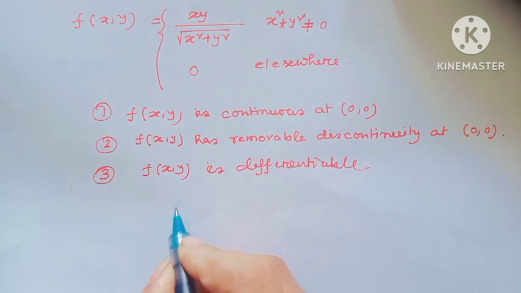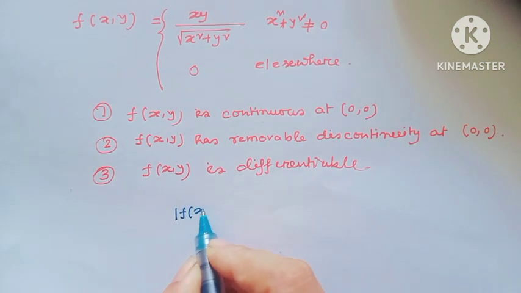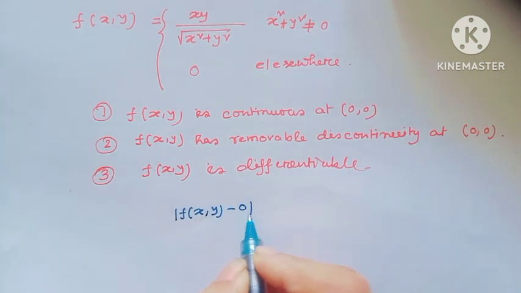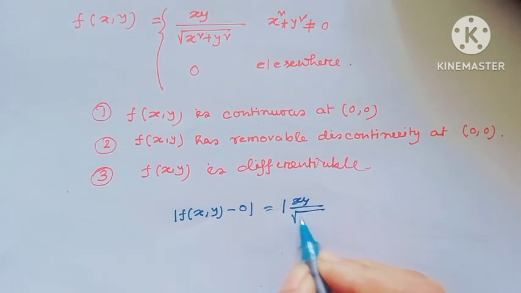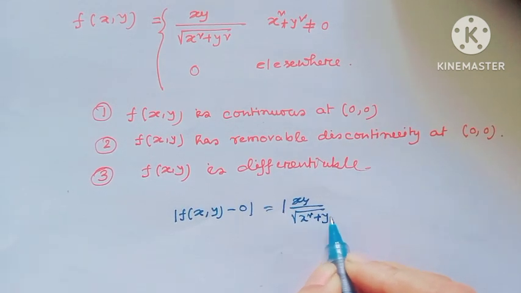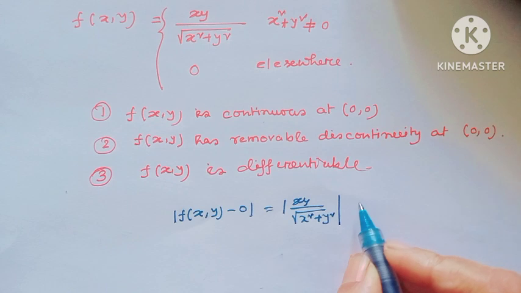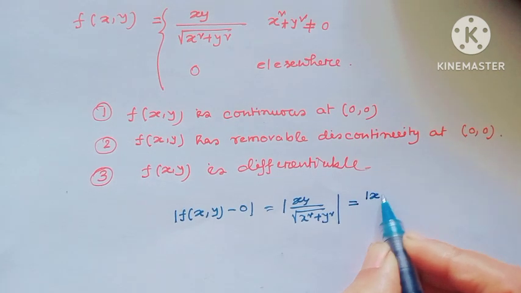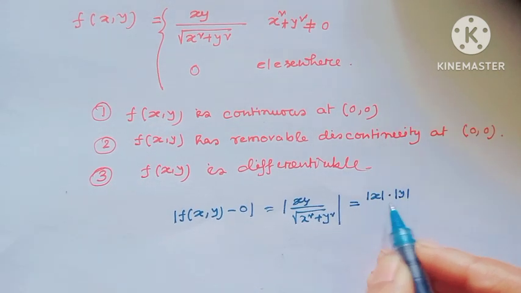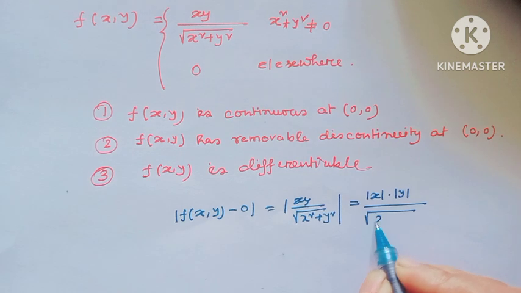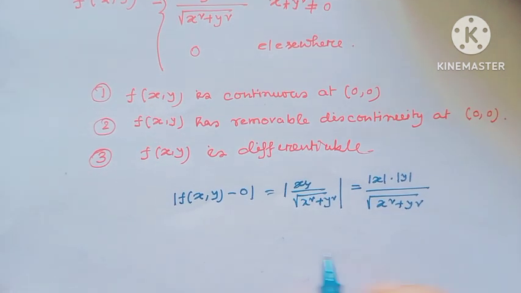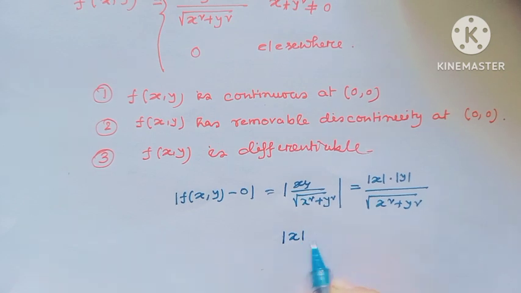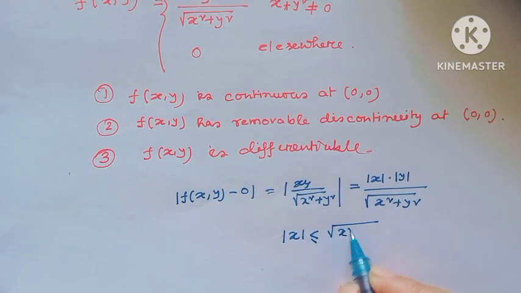For continuity, the absolute value of f(x,y) minus 0 equals the absolute value of xy divided by the square root of x squared plus y squared, which is equal to mod x times mod y divided by the square root of x squared plus y squared. And we know mod x is less than or equal to the square root of x squared plus y squared.